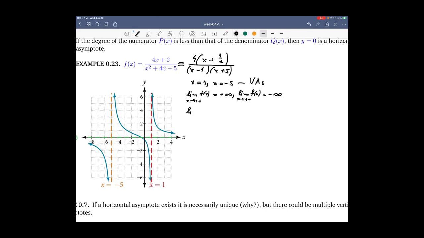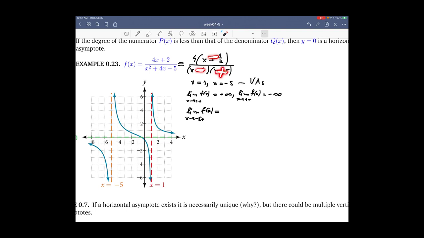Now at negative 5. At negative 5 from the right, x is roughly negative 5. Makes this negative, and this positive.